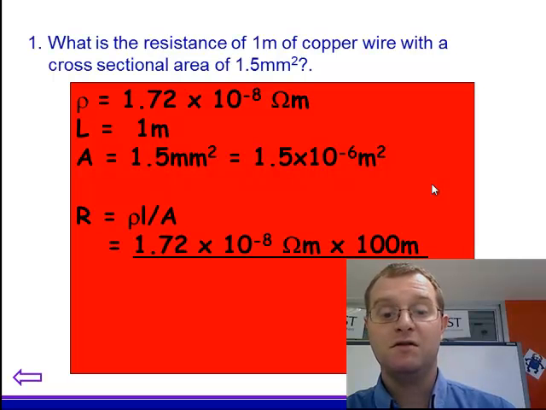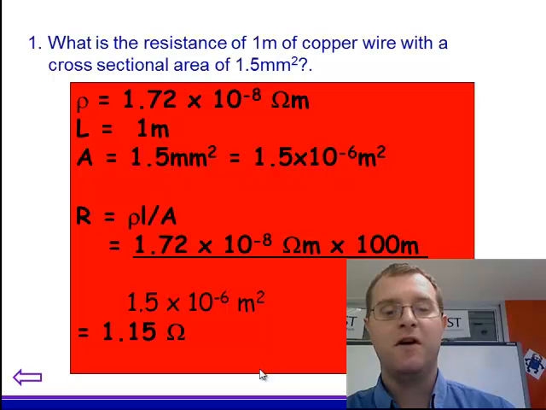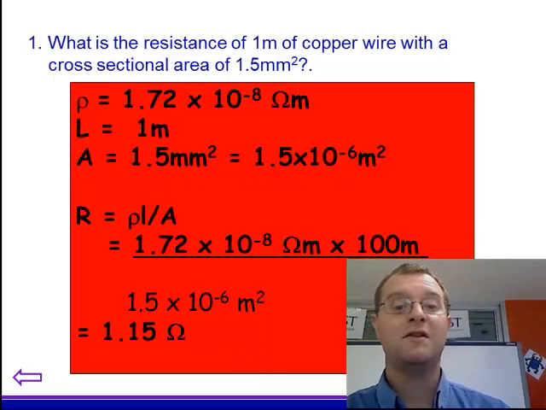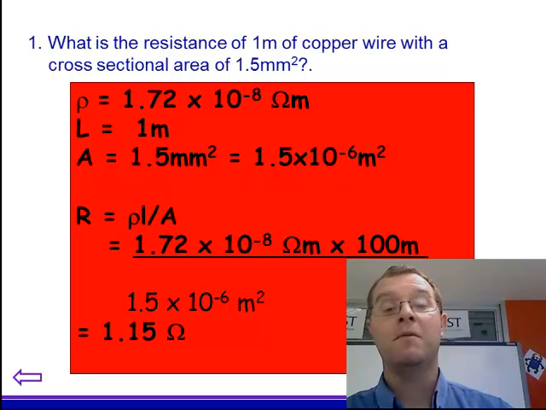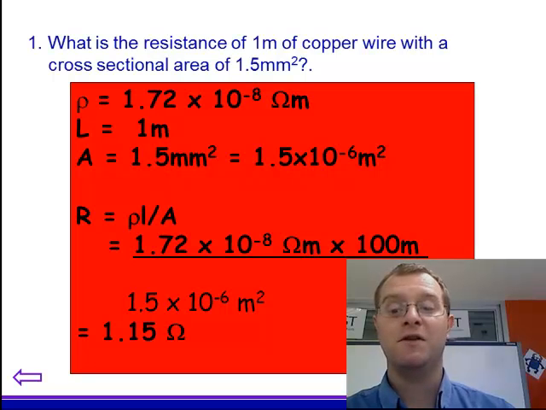I can then put in my values, and out comes a final value of 1.15 ohms. And that's how you can calculate the resistance, considering all of the factors which make that resistance. And that closes the idea of electric currents and things which resist electric currents, the things which stop that flow of electricity.